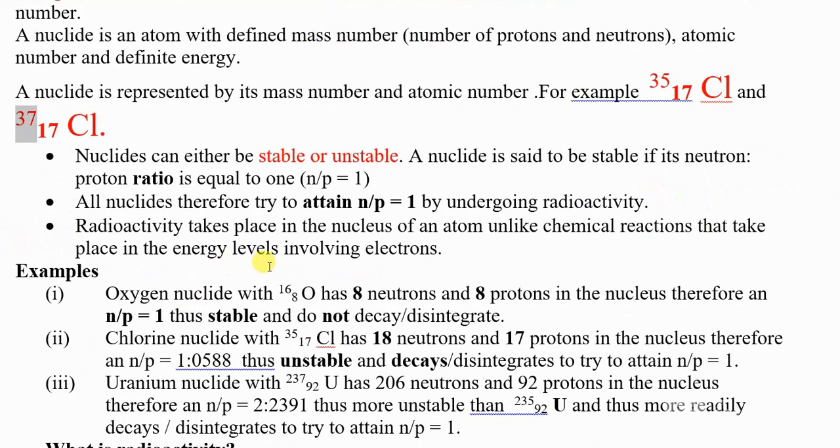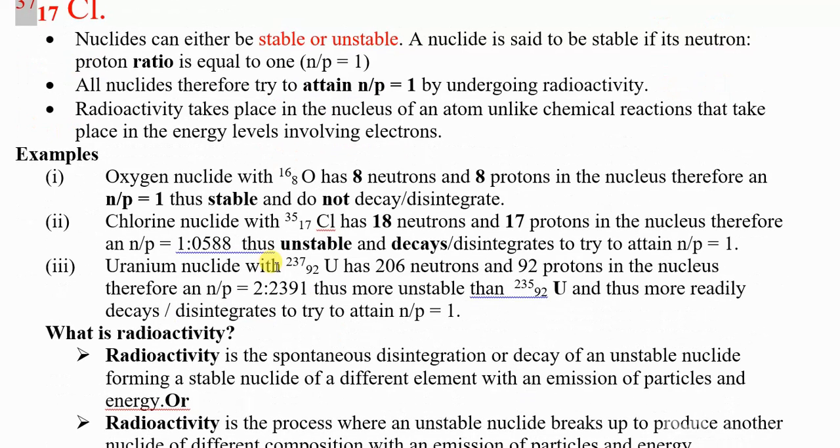Another thing we want you to understand is the stability of a nuclide. A nuclide or an isotope can be stable or unstable. We want to see what makes a nuclide unstable and what makes it stable. A nuclide is said to be stable if its neutron-proton ratio is equal to 1.